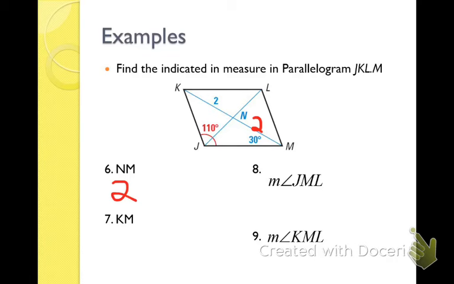That's not a characteristic of a parallelogram. Right. M is a consecutive interior angle with J. J is 110. What do I add to 110 to get 180? I add 70. So the angle is 70. They gave you some misinformation there. We didn't need 30. It's this 110. Because these two angles are next to each other, they add to 180. So JML is 70. That's 180 minus 110.